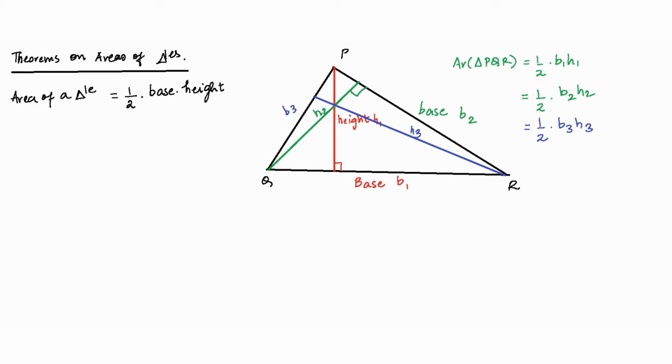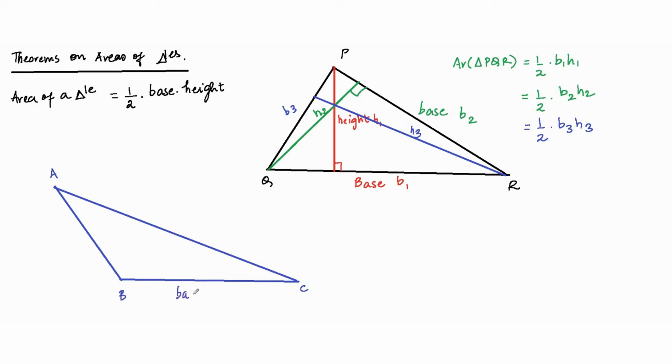Another thing that we should understand is if I have an obtuse angle triangle, say triangle ABC. Because B is an obtuse angle, if I consider BC as my base, then the altitude corresponding to it is going to lie outside the triangle and it's going to be perpendicular to the base, right?